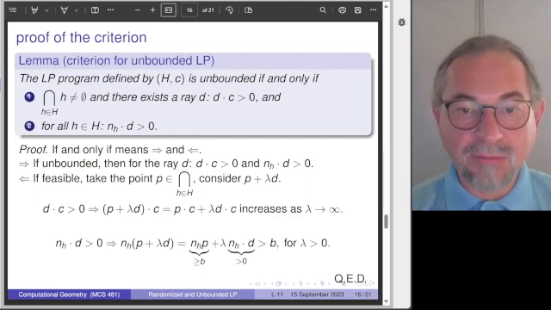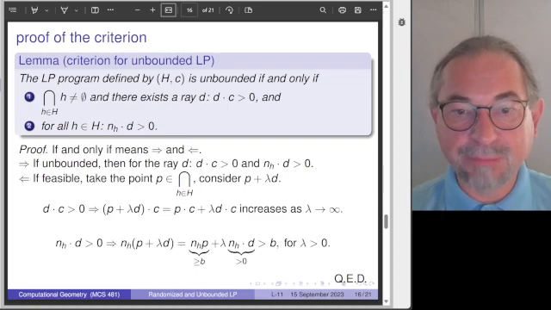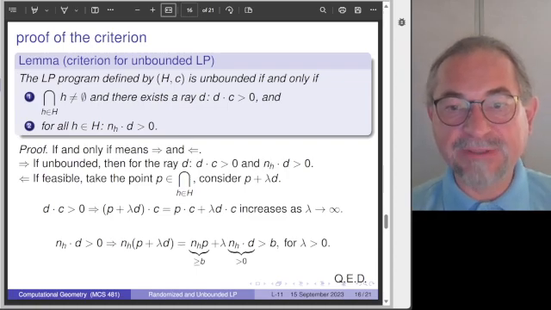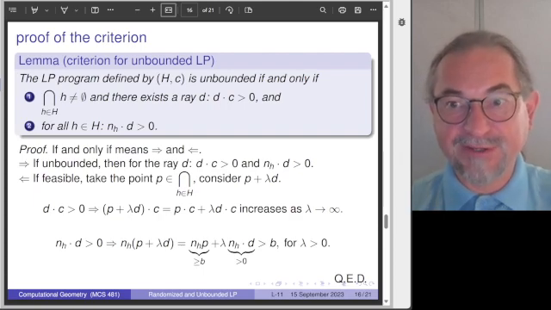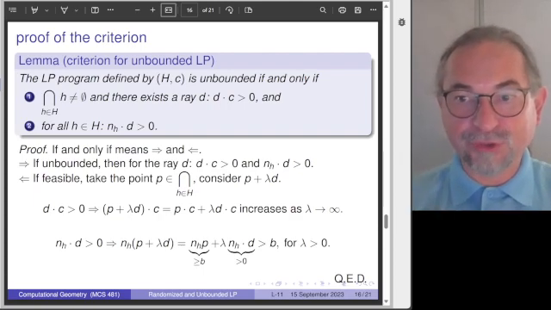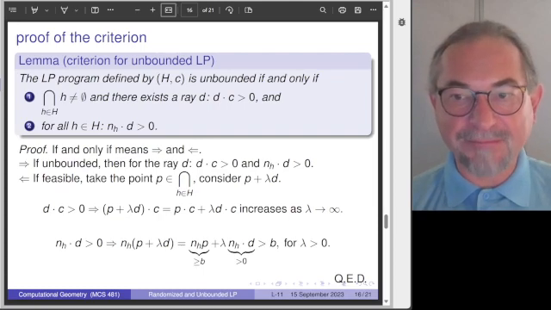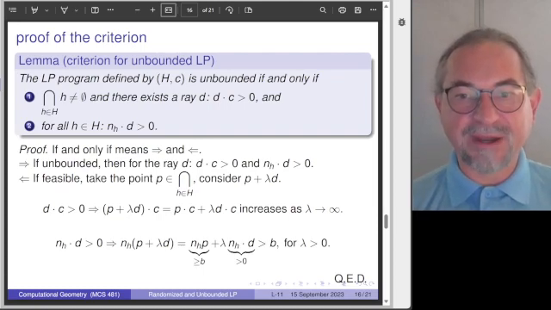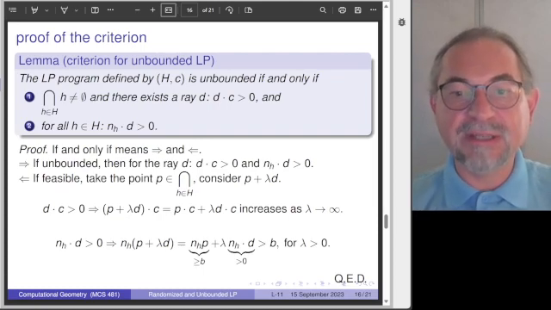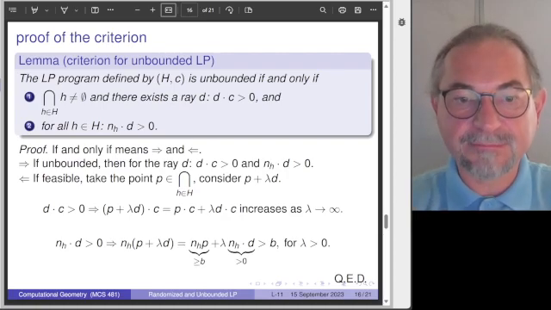We exploit the linearity of this product here. If we are working in the positive direction, so our lambda is a positive value, and we stretch it to infinity, the objective keeps on increasing.